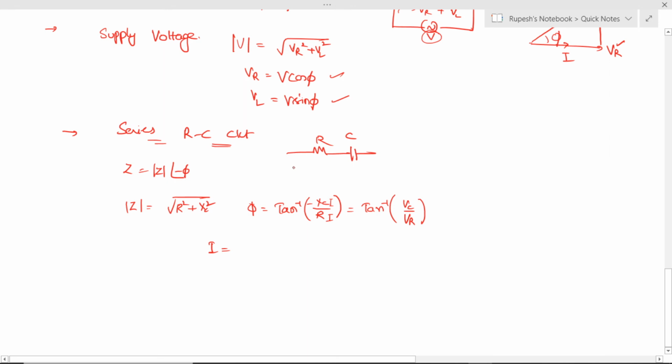So the current I is given as V by Z. That is V by mod Z angle minus phi. It is V by mod Z into angle phi. So as the angle is positive here, what is leading? The current leads the voltage by phi degrees.